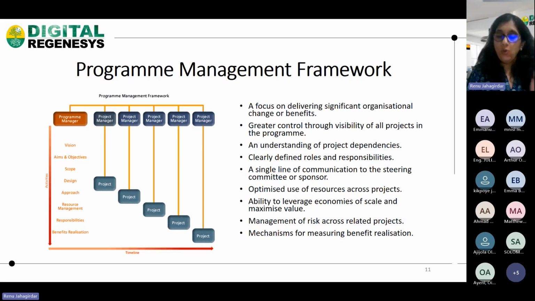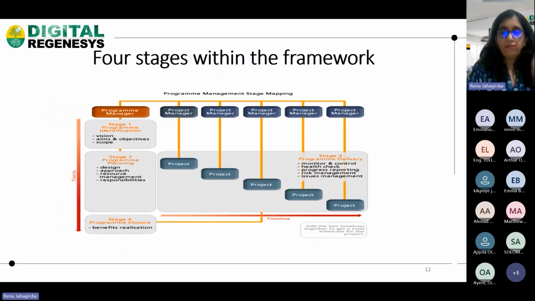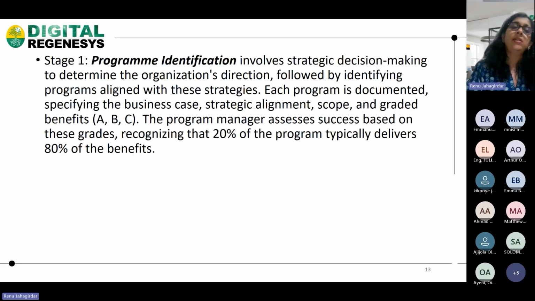So it is believed that the first stage in program management is that the program manager should assess the success based on these grades. He must understand that 20% of program typically delivers 80% of the benefit.